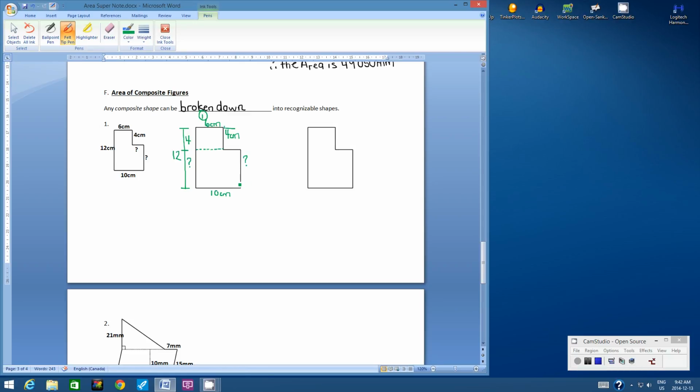Any ideas? We take the total length of 12 and subtract the shorter length of 4 to give us 8. So now we have a rectangle of 10 by 8, and here a rectangle of 6 by 4.